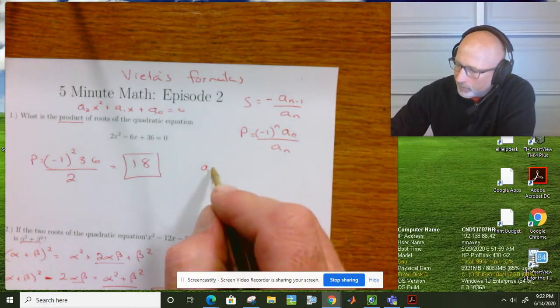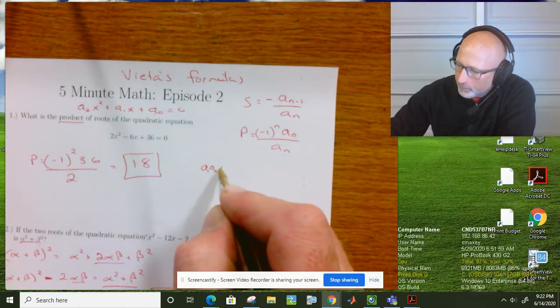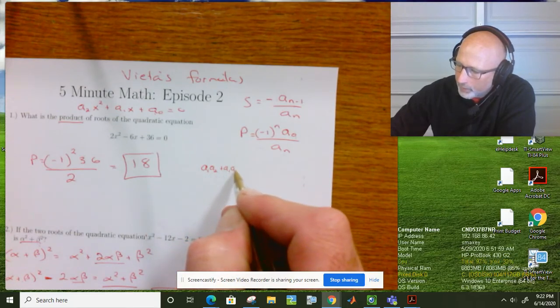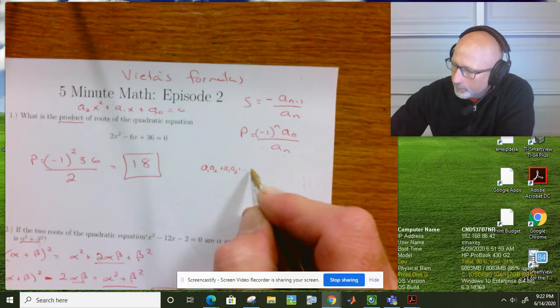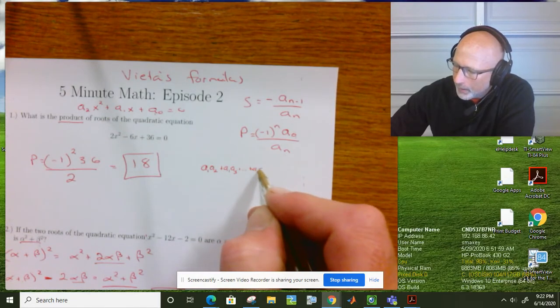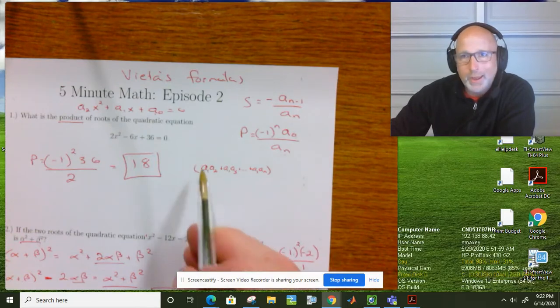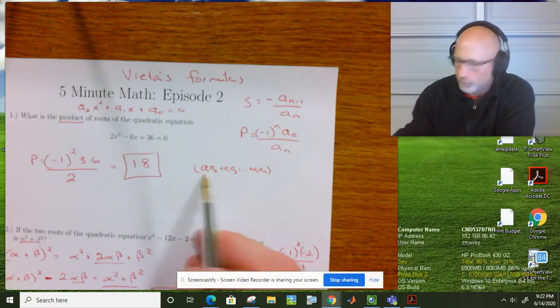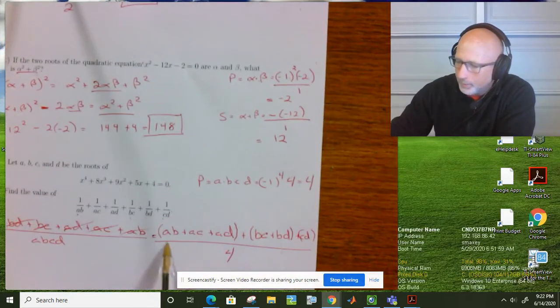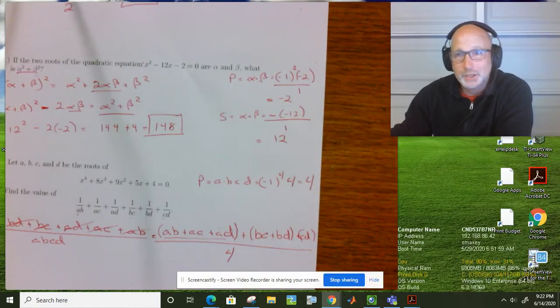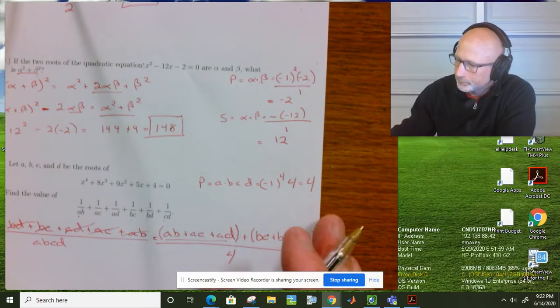So you have A1 times A2 plus A1 times A3 plus all the way up to A1 times AN. In other words, I took all the A1s and I matched them with all the rest of the roots. Exactly what I did there.